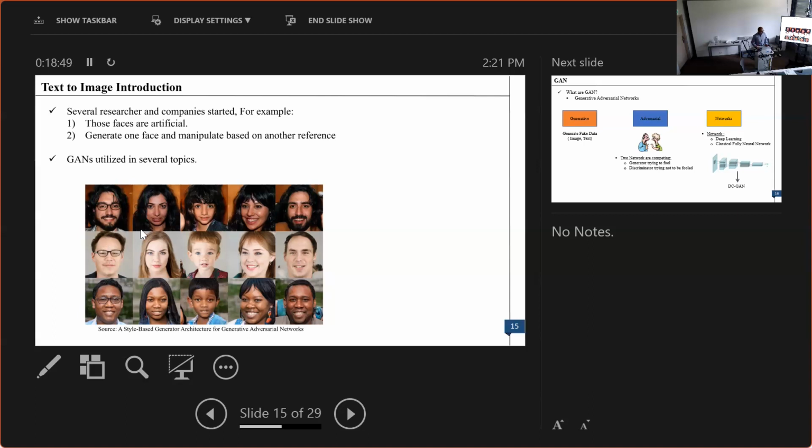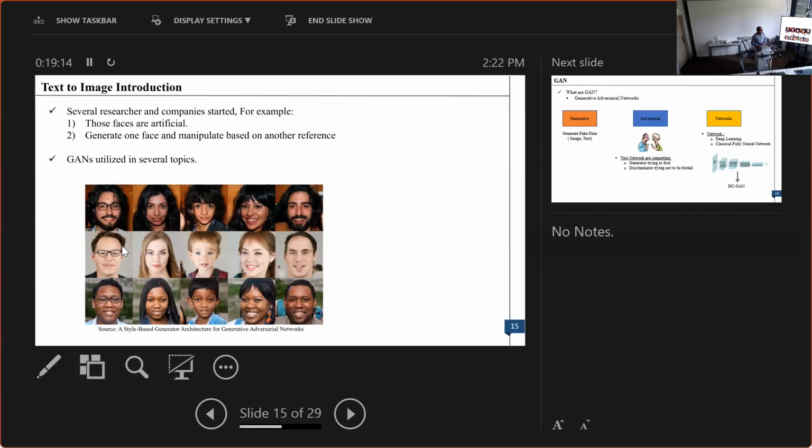For example, in this first column, we generated one face, but we manipulate this face to another face, to look like this girl. This girl has a certain hairstyle. So how can we manipulate between different faces?